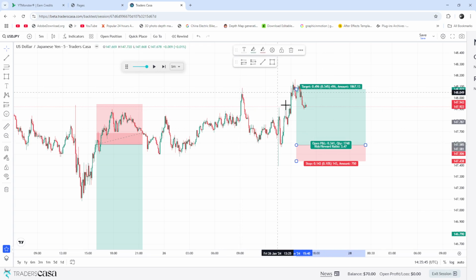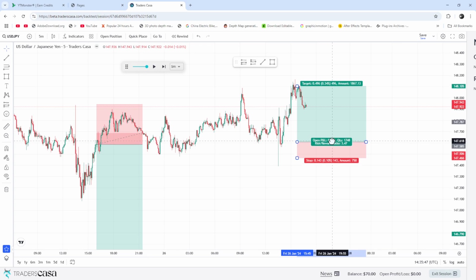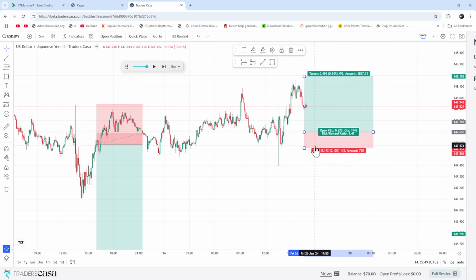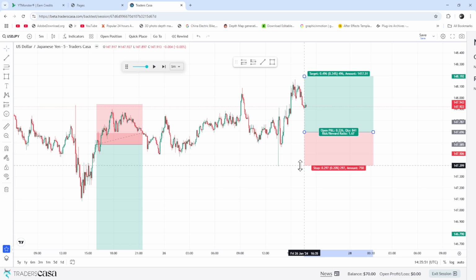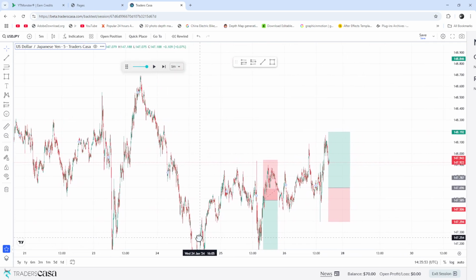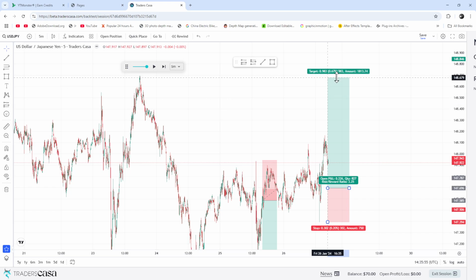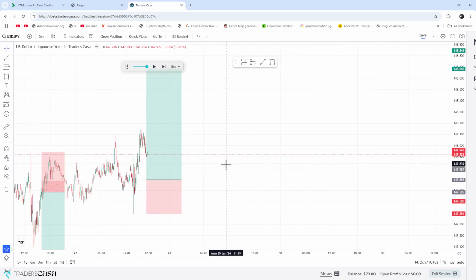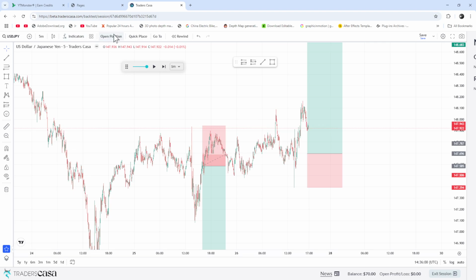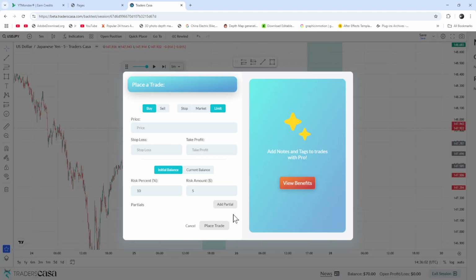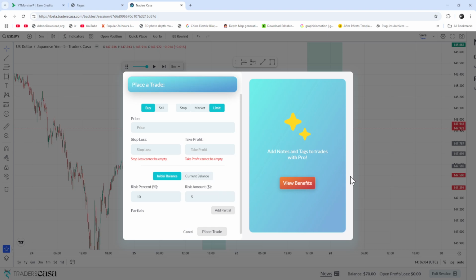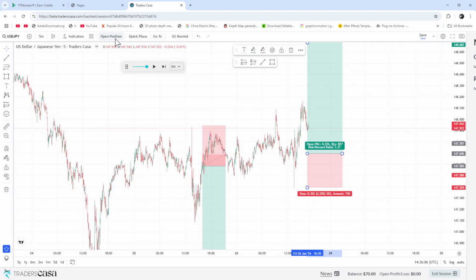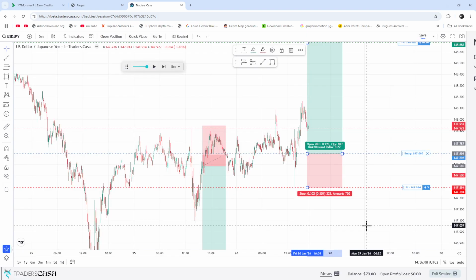But this has already broken the structure, and I think the market will still push up. So I want to risk this much, but I want to target a little bit this much here. So this is like a 1 ratio. I don't know. I risk another $5. You have to click this before clicking on position, then opposite.